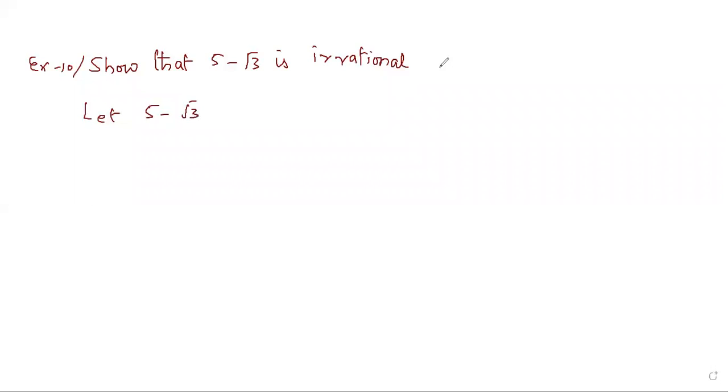This is also a contradictory proof, but that theorem, p divides a square implies p divides a, will not be used here. We reach a simple conclusion here. Let 5 minus root 3 be a rational number.